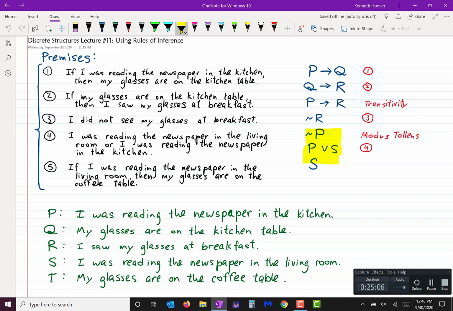Which rule of inference am I using there? I'm combining P or S with the negation of P, and that allows me to conclude S. Which rule is that? Look at your list. That is elimination.